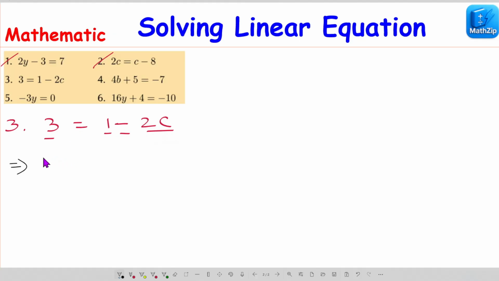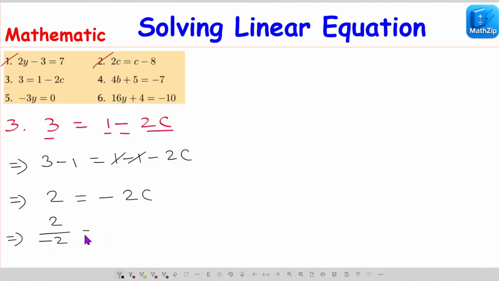So we can write 3 minus 1 equals 1 minus 1 minus 2c. So here is 2 equals plus 1 minus 1 out. So here is minus 2c. Now we can divide both sides by minus 2. So here is 2 divided by minus 2 equals minus 2c divided by minus 2, right?